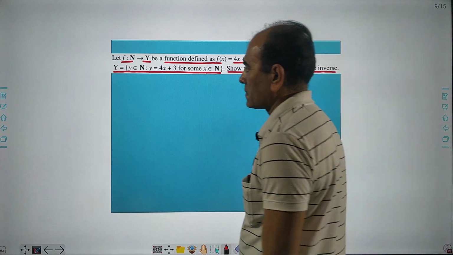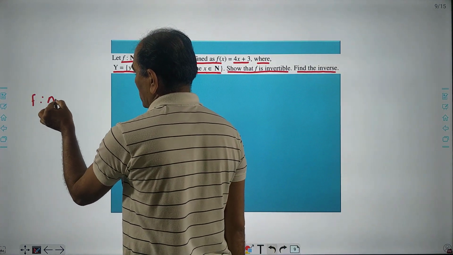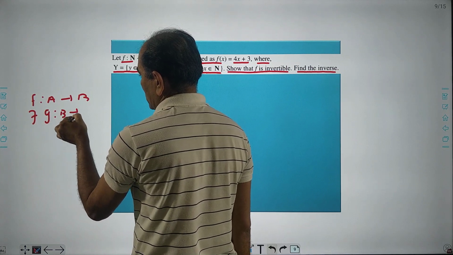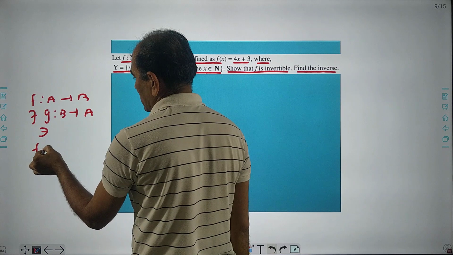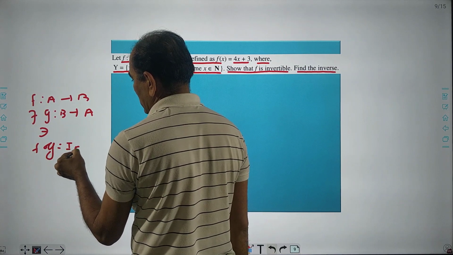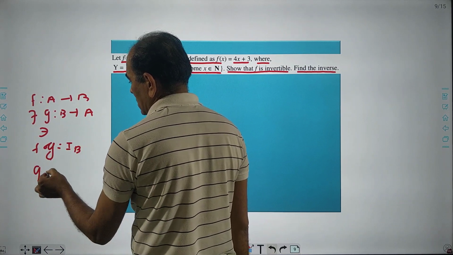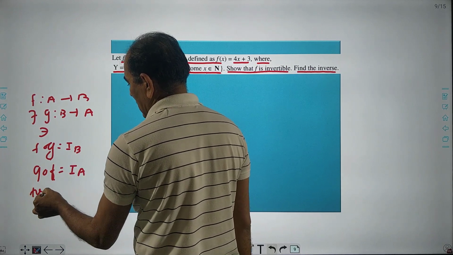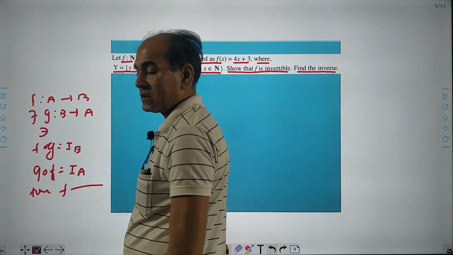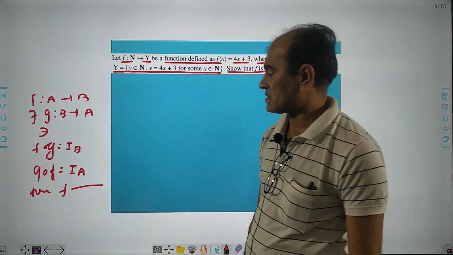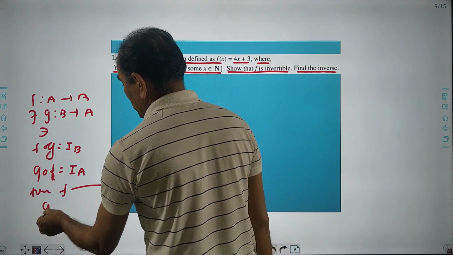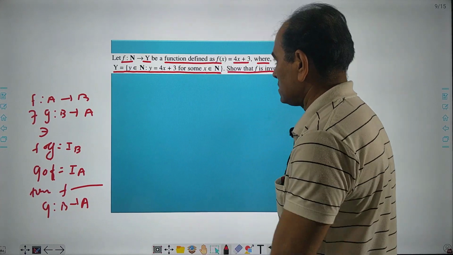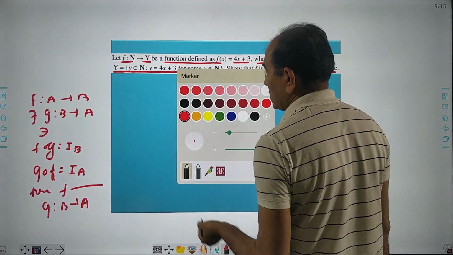Now see, if f from A to B, there exists g from B to A such that f of g is equal to the identity function of domain of g and g of f is equal to the identity function of domain of f, then f is said to be an invertible function. That means the inverse of the function exists, and g from B to A is called an inverse. Clear?